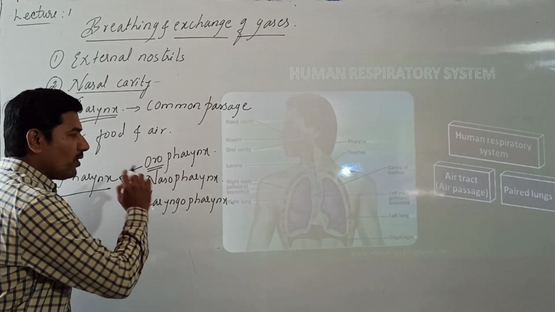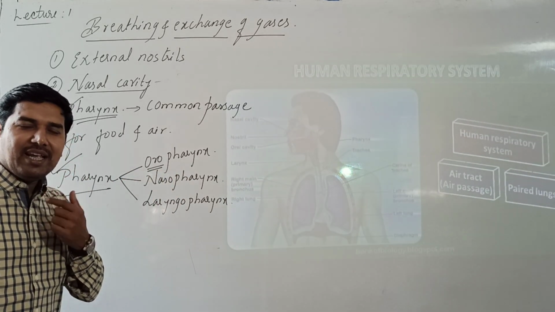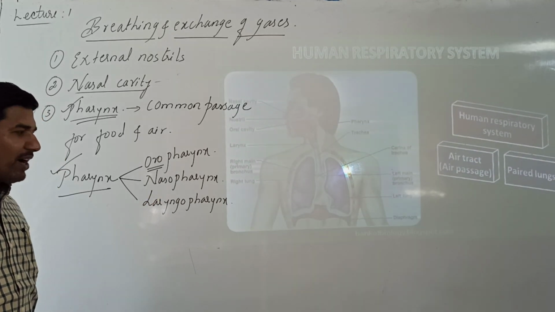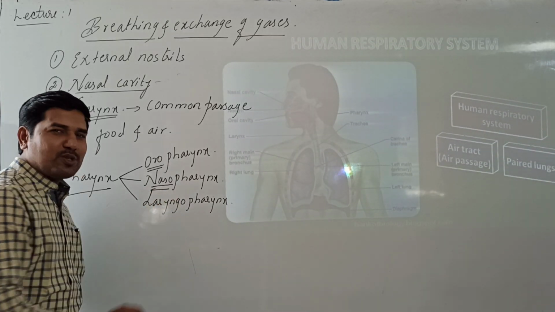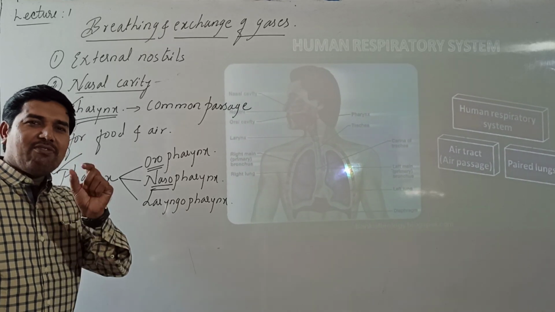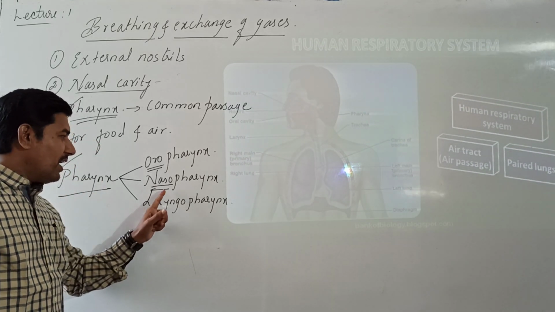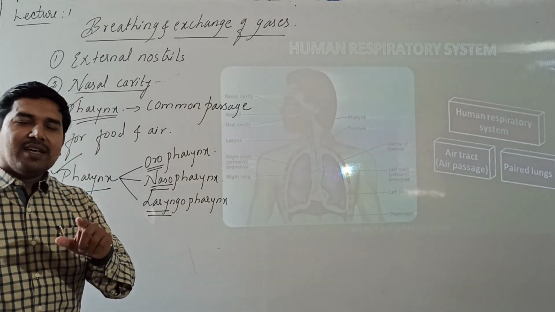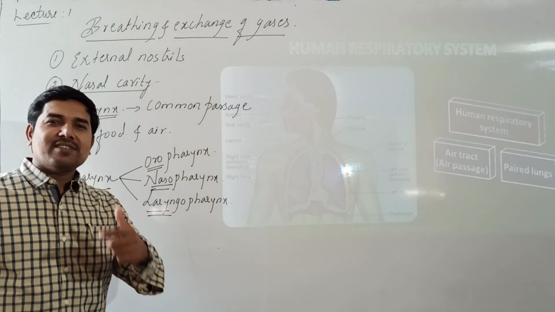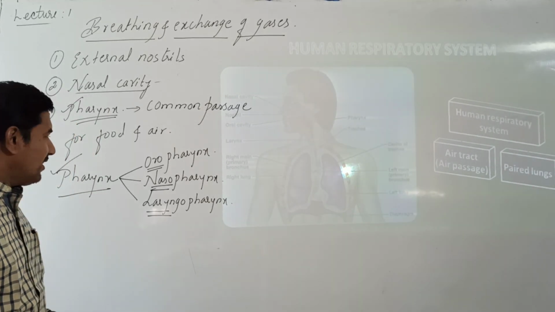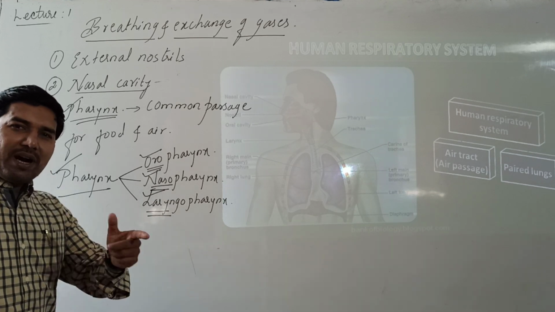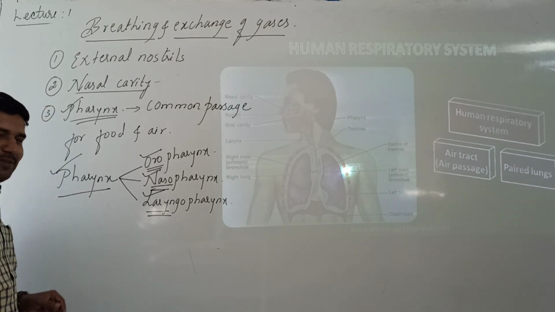Oropharynx: oro refers to the oral cavity, the pharynx that arises from the mouth. Naso refers to the nasal cavity, the pharynx which arises from the nasal cavity. Laryngopharynx is the pharynx that arises towards the larynx region. So these are the three different parts of the pharynx.